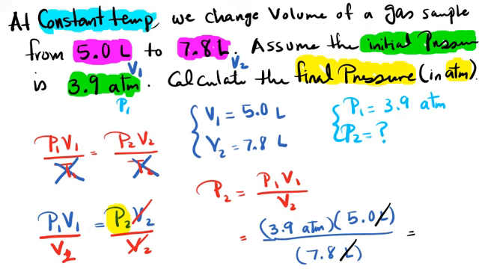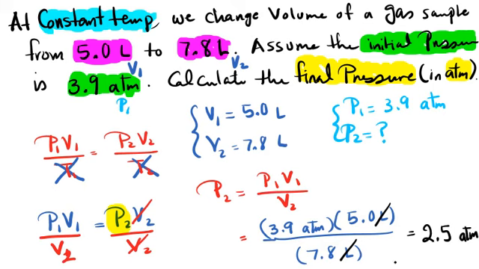It's not necessary to use the units during the calculation; at the end, you may report them. 3.9 times 5.0 divided by 7.8. So the answer is 2.5 and the unit is atmosphere.